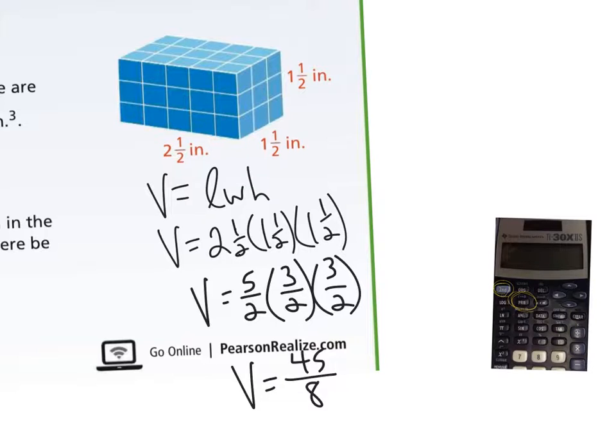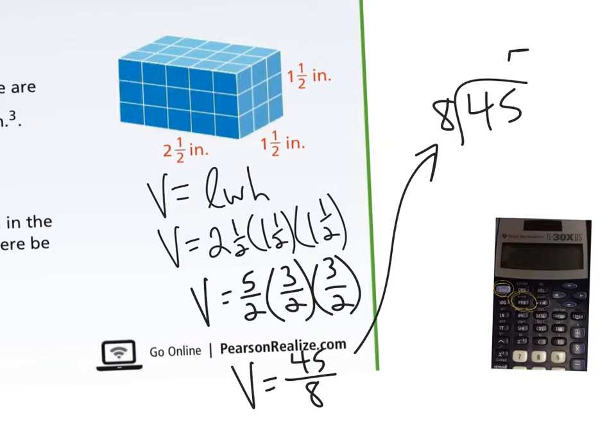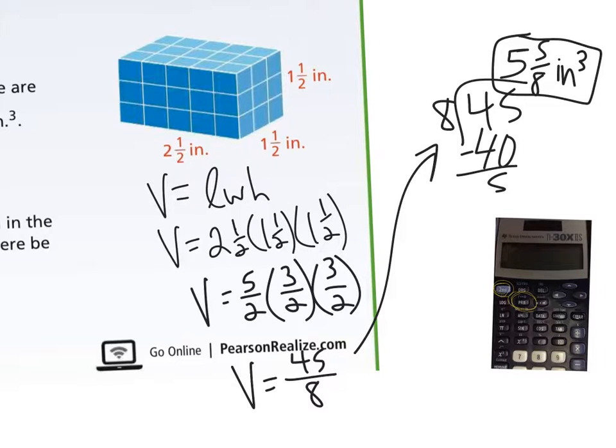So we've got 45 eighths. And 45 eighths, 8 goes into 45 5 times, and we have 5 left over. So that'd be 5 and 5/8 cubic inches.